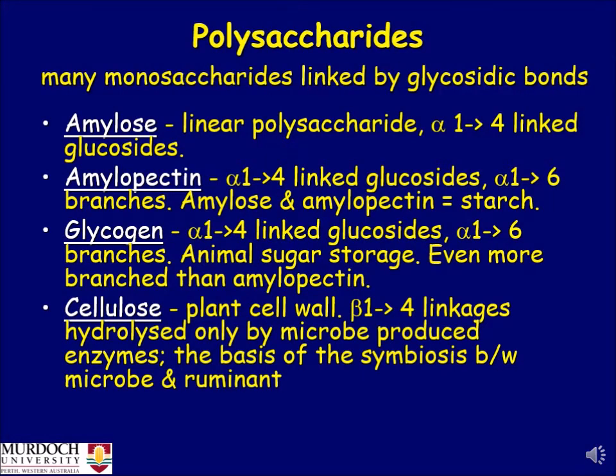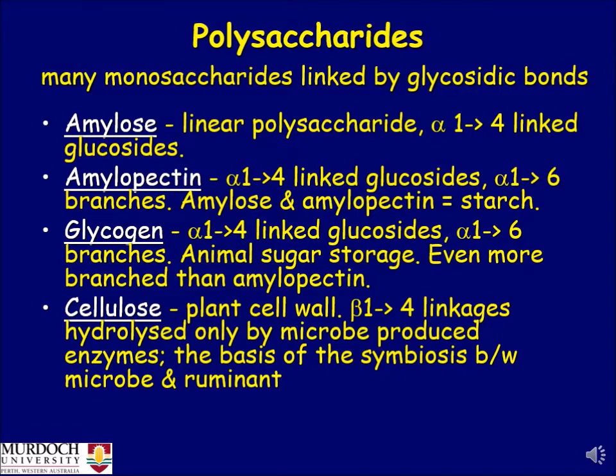As I said earlier, poly means lots, so these are lots of sugar molecules joined up in big long chains. A great example is amylose and amylopectin. So amylose consists of sugar molecules joined through those alpha glycosidic 1,4 linkages.